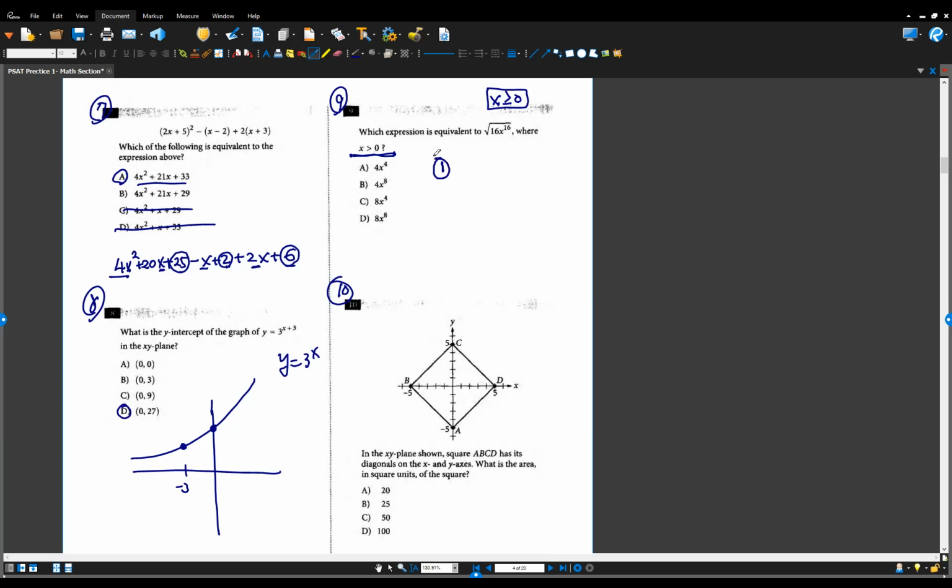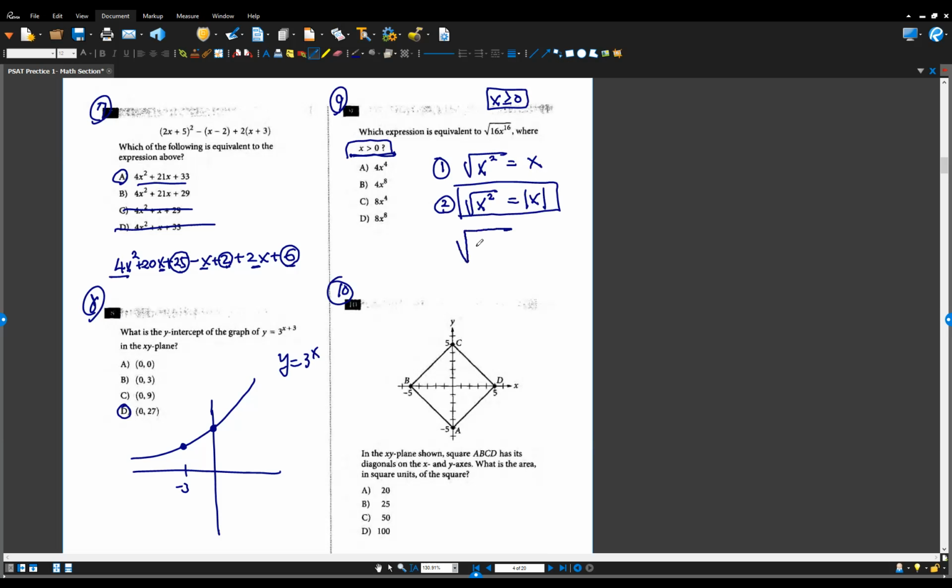That means x squared before this one was accepted this way, because inside the radical, the SAT assumed x is always positive. But now it'll be different, I think. You gotta check, okay? Now x can be negative. This is actually equal to this one. This is the correct one.